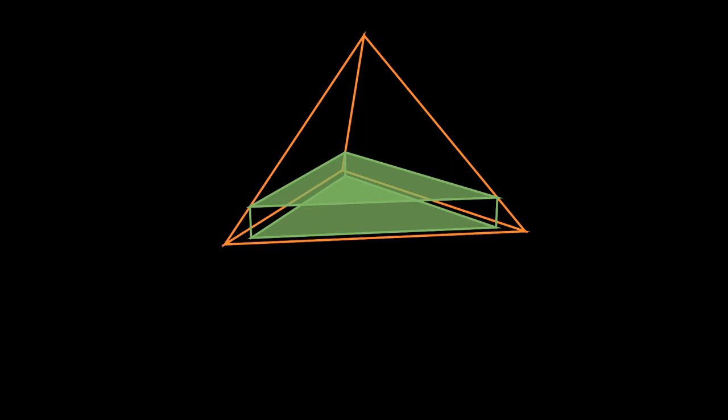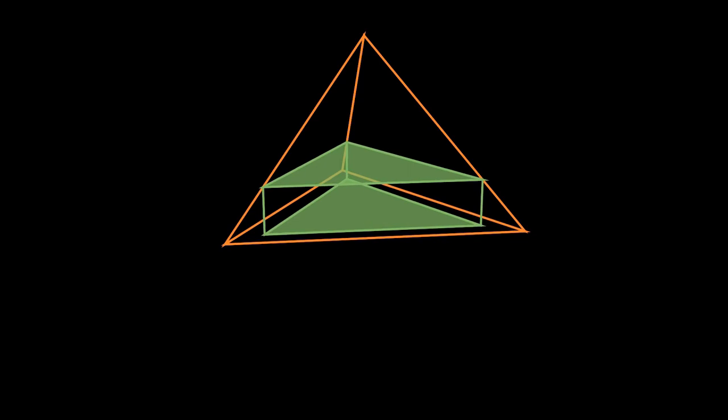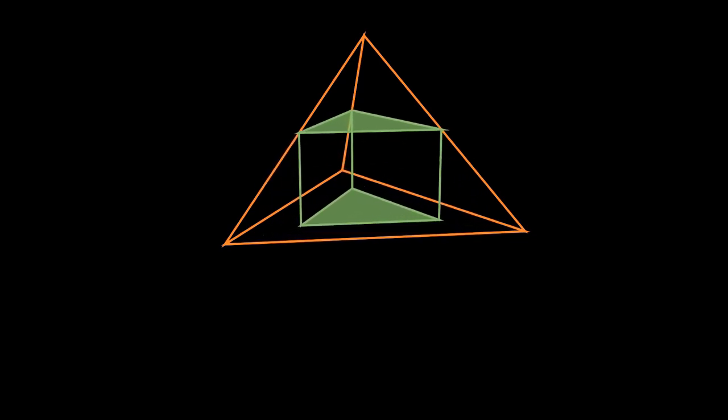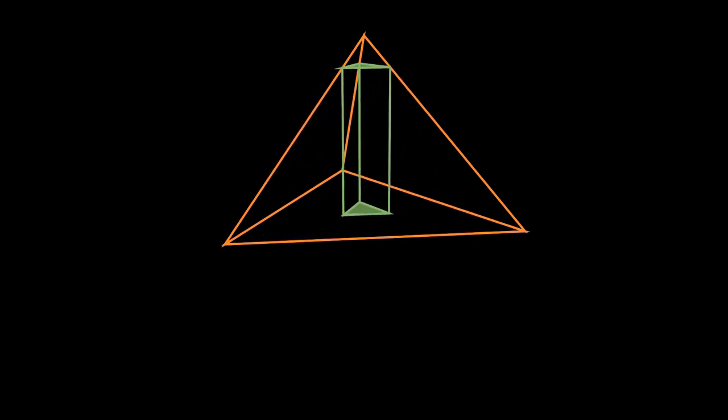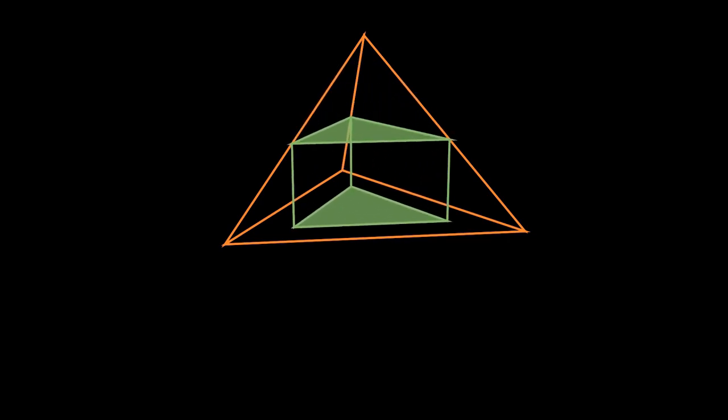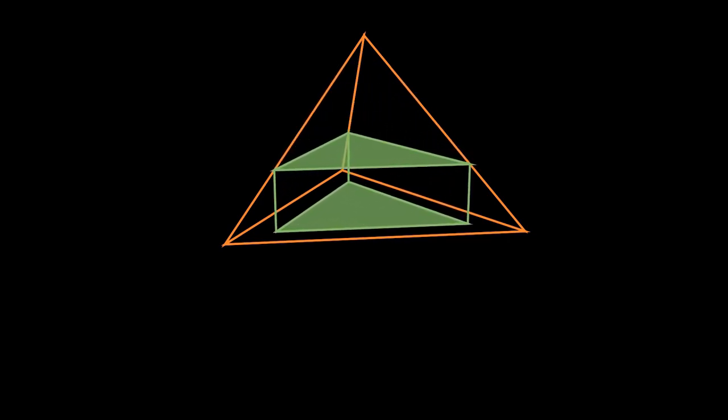So let's move the height, change that around a bit, and notice the smaller pyramid. That's important. Smaller pyramid. Volume changing. When the height of the prism is equal to the pyramid's, it has no volume. So that's what happens to the prism.